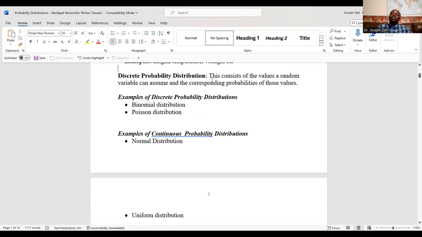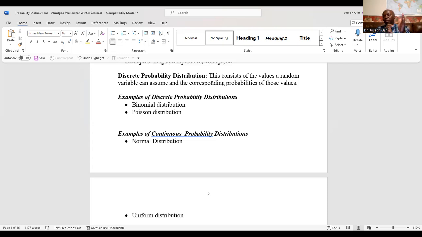A discrete probability distribution consists of the values that a random variable will have and their corresponding probabilities.